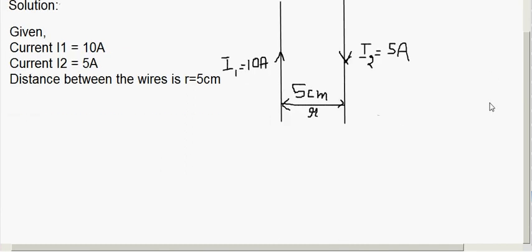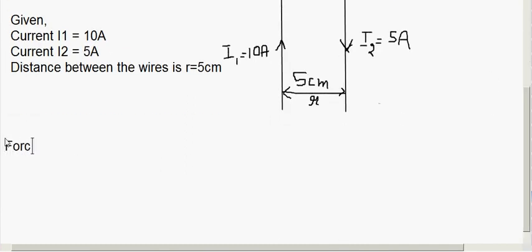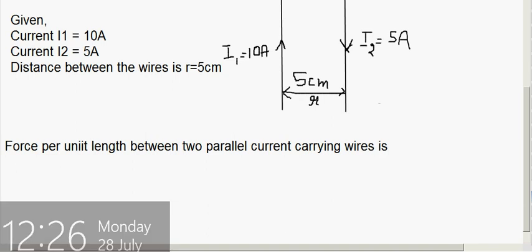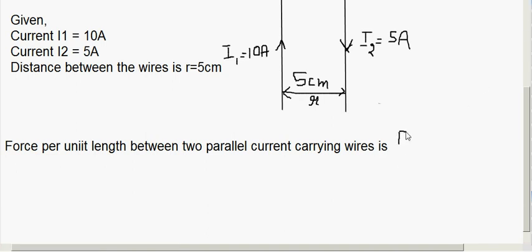Next I will write force per unit length between two parallel current carrying wires as F by L is equal to mu naught by 4 pi into 2 I1 I2 by R.